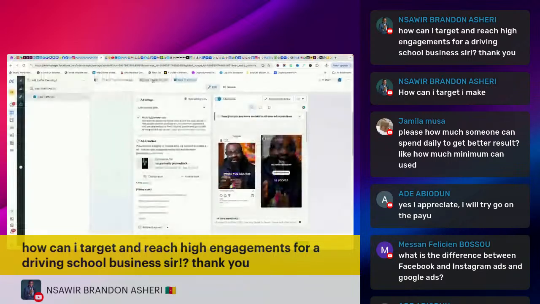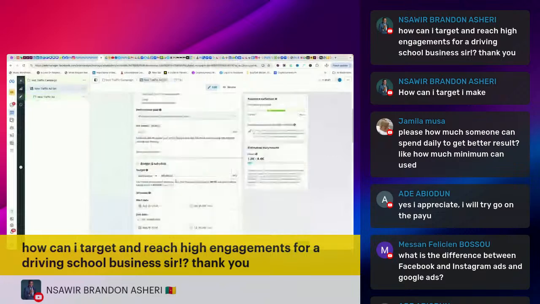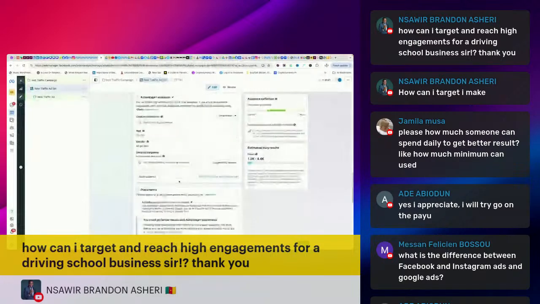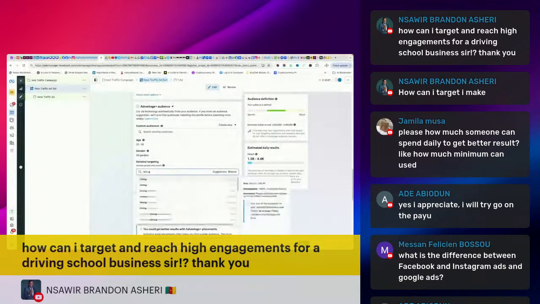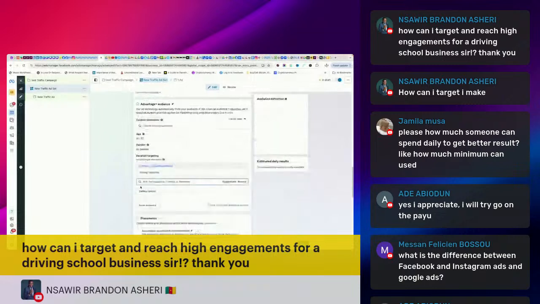Okay, so this is an ad that I was setting up. Let's go to the ad set level and see what interest we can find about driving. The first thing you want to look at when you are talking about targeting for a driving school is, first of all, you need to type driving, right? So people that have interest in driving, that's the first thing.